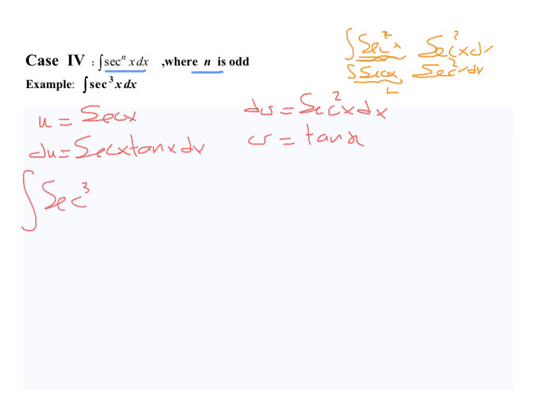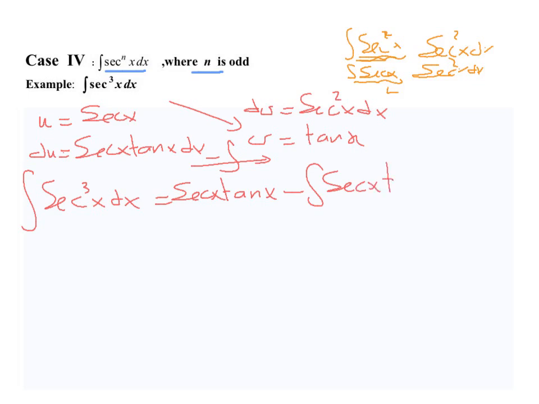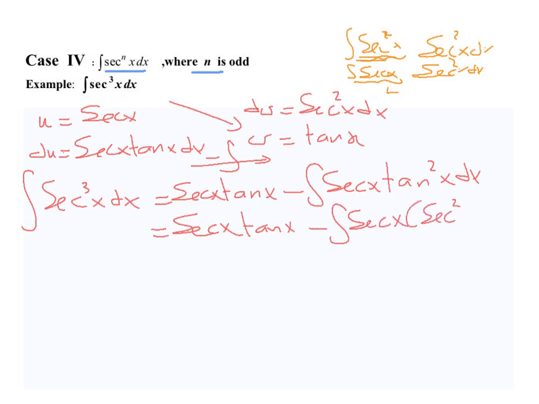Let's say secant cube x, which is u dv, is equal to uv minus integration of v du. So you have secant x tan x minus integration of secant x tan square x dx. This is equal to secant x tan x minus, you change tan square into secant square x minus 1 dx.